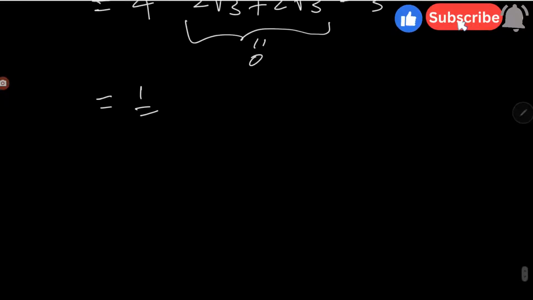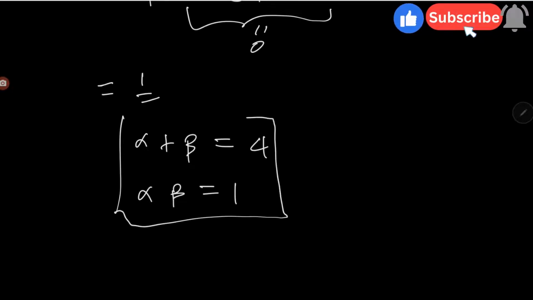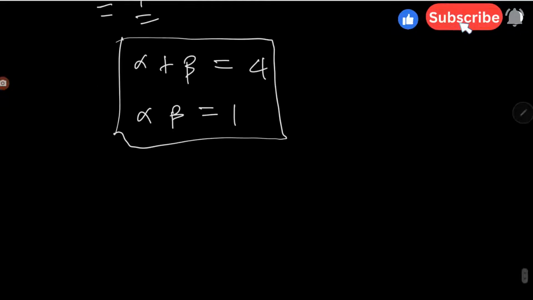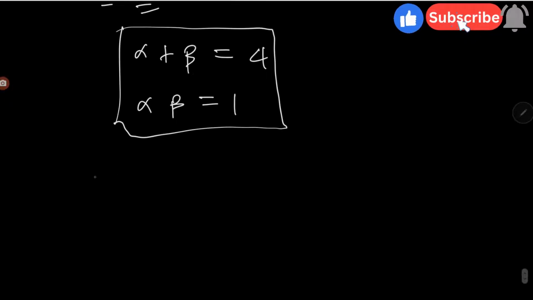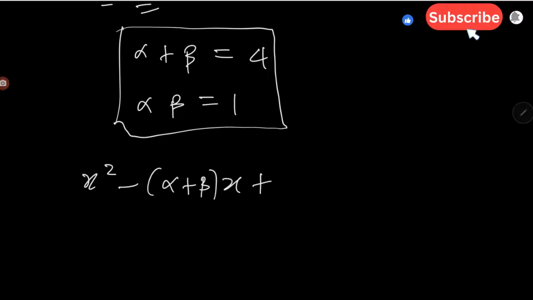Now going back to the standard, we have alpha plus beta is 4, alpha beta is 1. So that's the information that we have, meaning we can go back to that standard equation, which is x squared minus the sum of roots, which is alpha plus beta, x plus the product of roots, which is alpha beta, and this is equal to 0.